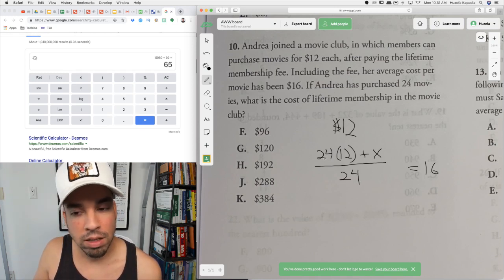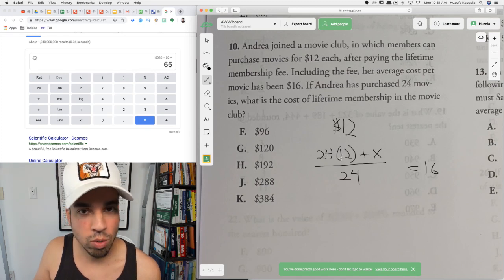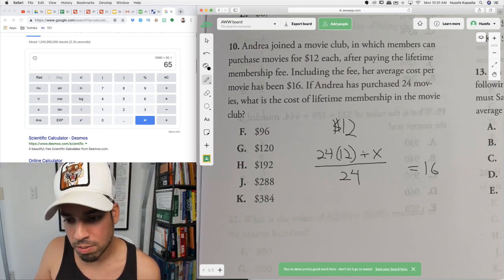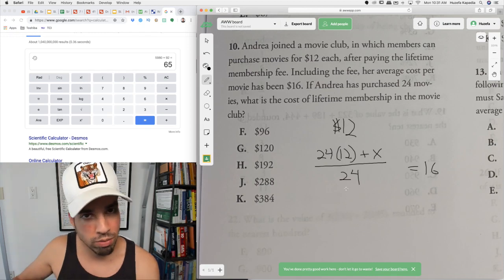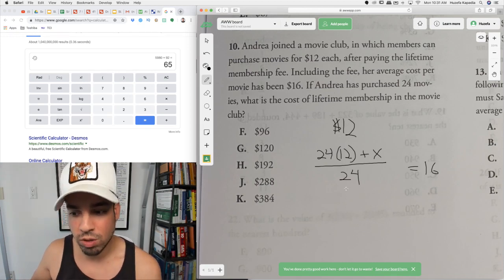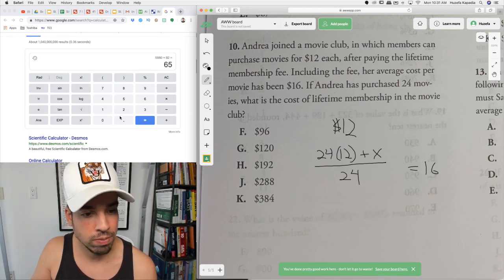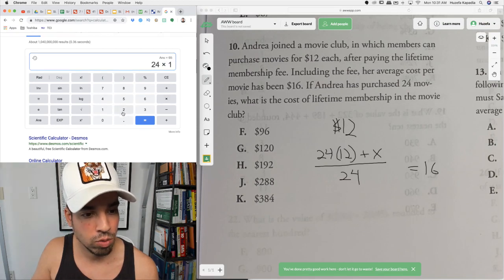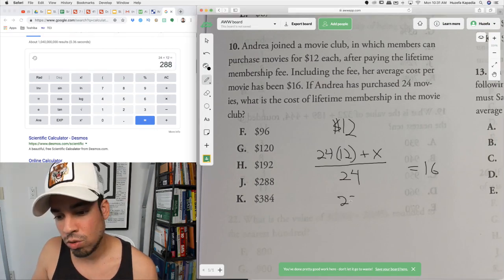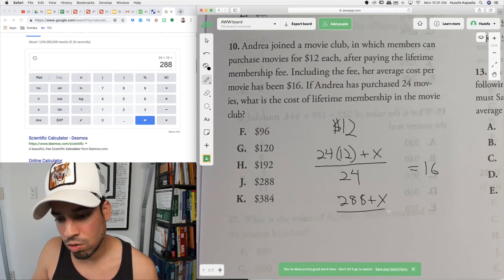I'm saying the average cost is 24 times 12, that's what she's paying per movie, plus some lifetime fee. And then we divide everything by 24. Cost per each one of those movies, we should get 16. Now I have my equation. So we do 24 times 12, which is 288, plus x, over 24 equals 16.